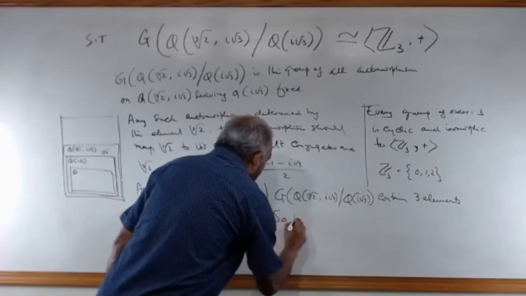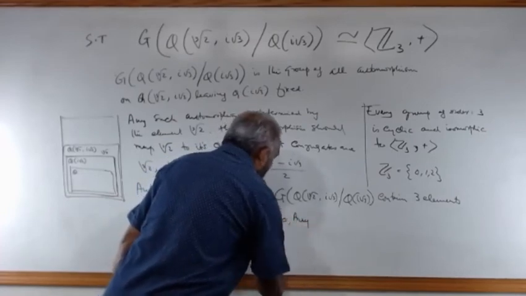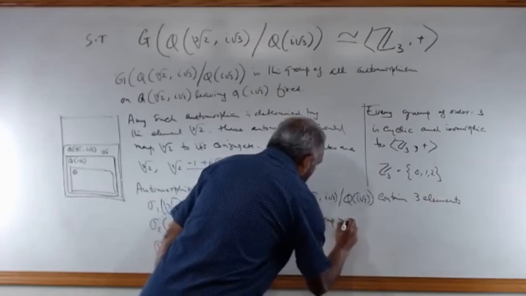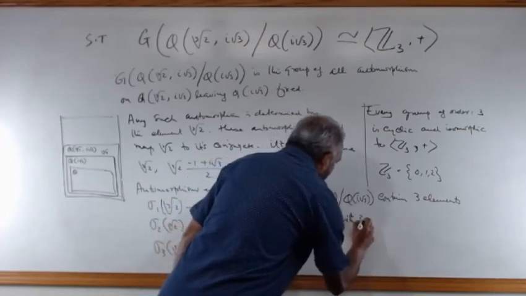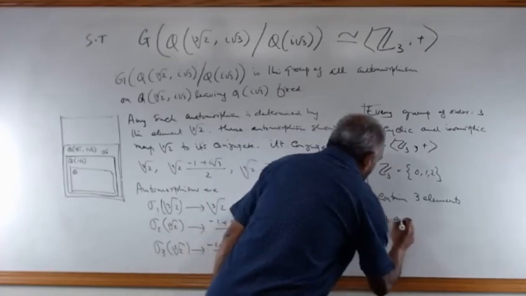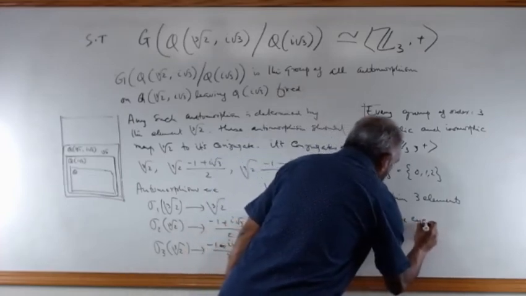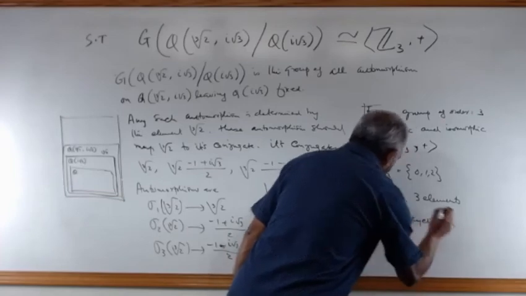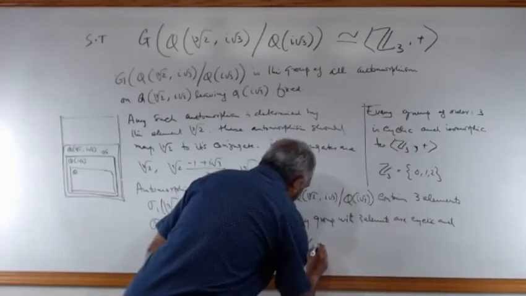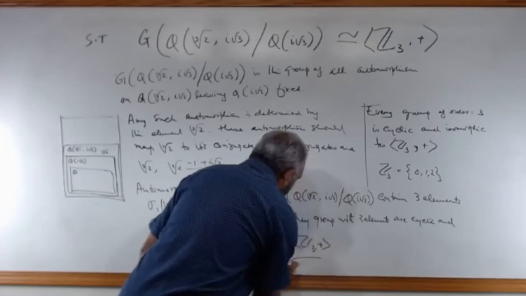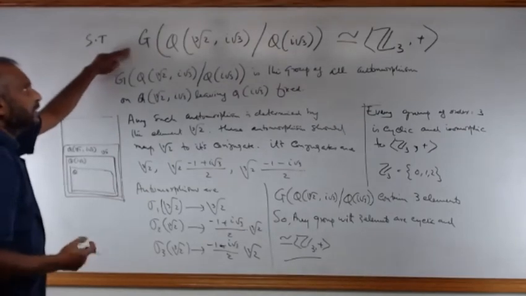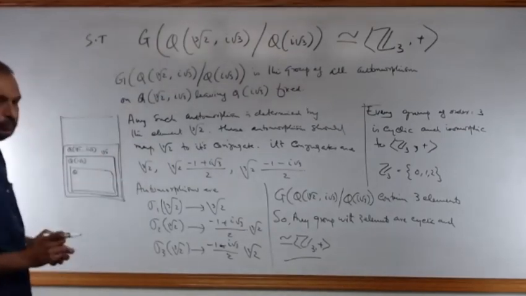Any group with 3 elements is cyclic and isomorphic to Z3. All we need to prove is that this contains 3 elements, and that's what we did.